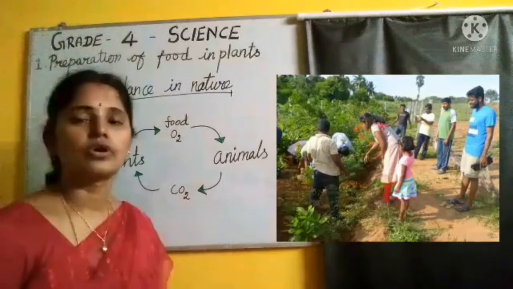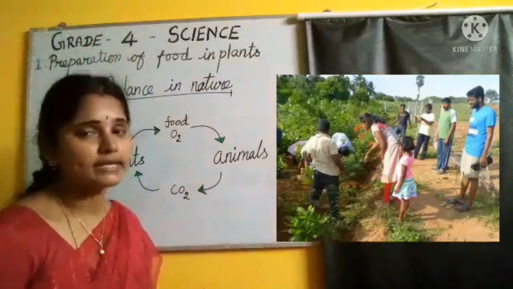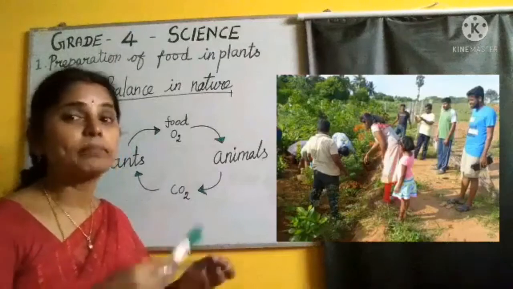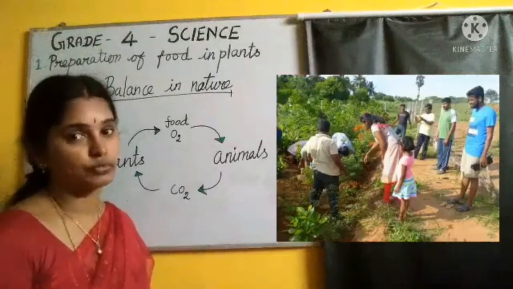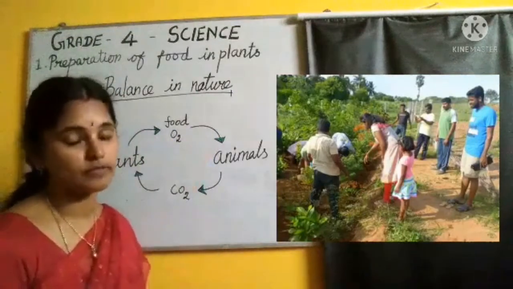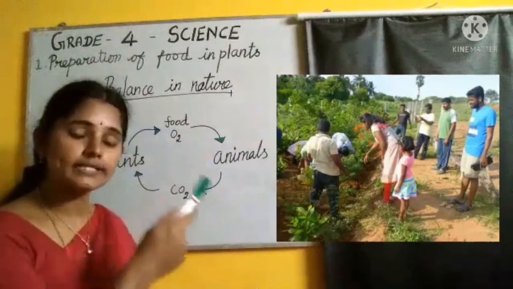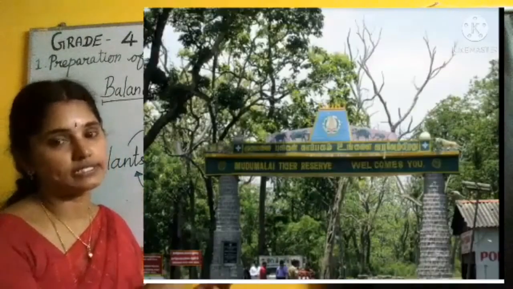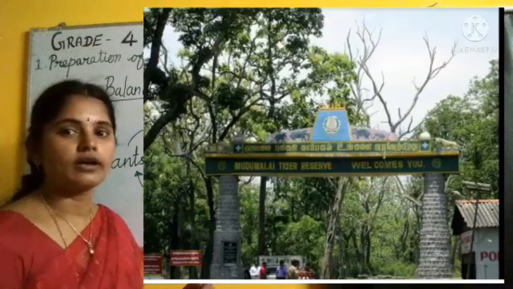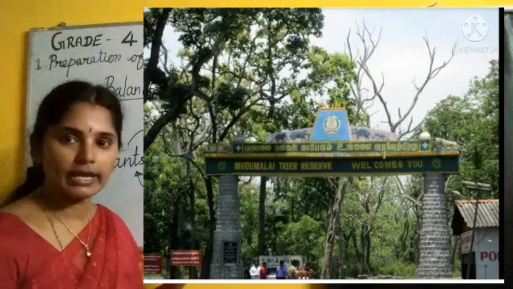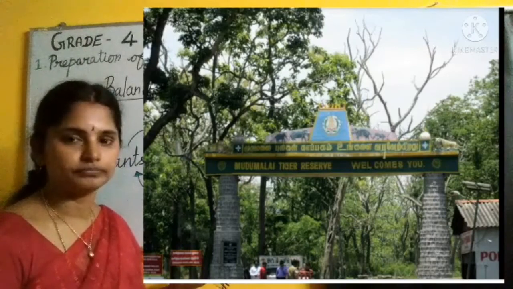Are you clear, children? So to maintain balance in nature, we must protect plants and animals. Okay, so the government establishes wildlife sanctuaries to protect animals. What are sanctuaries? Have you heard of sanctuaries? Mudumalai sanctuary.